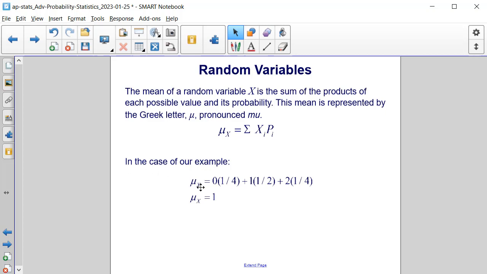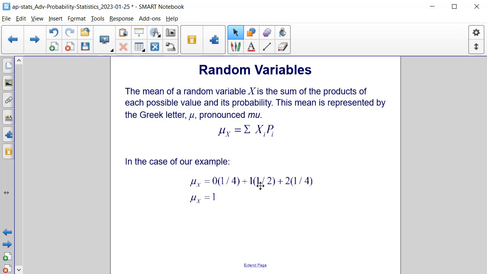So in our example, we have that mu sub X is equal to our first random variable value 0 times its probability 1/4, plus our second value, which was 1, times its probability 1/2, plus our third value, which was 2, times its probability 1/4.